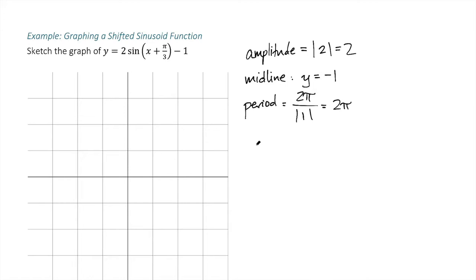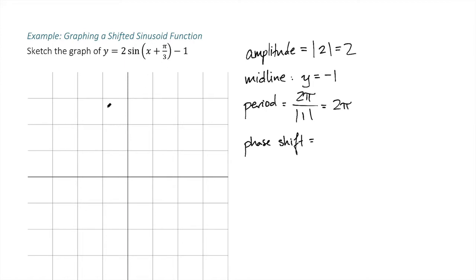I also like to do the starting point because I know that when I draw sine, it's usually easy to do my starting point, which is on the midline. And that's actually just the phase shift of this. So our starting point or phase shift is the x value that makes this input equal to 0.